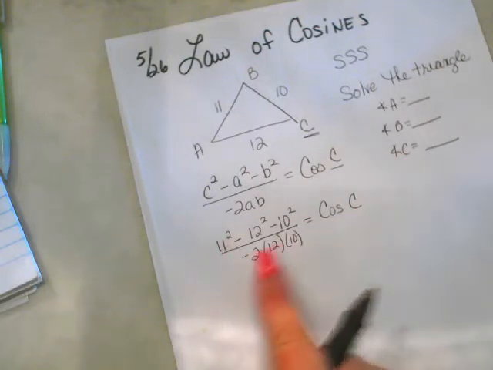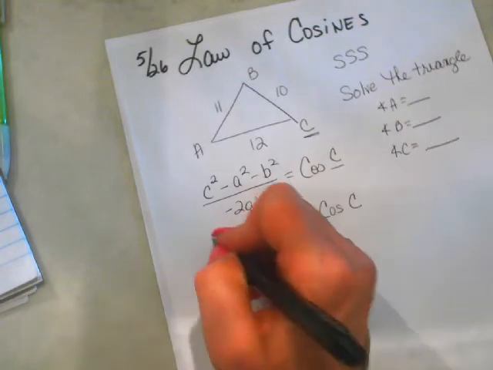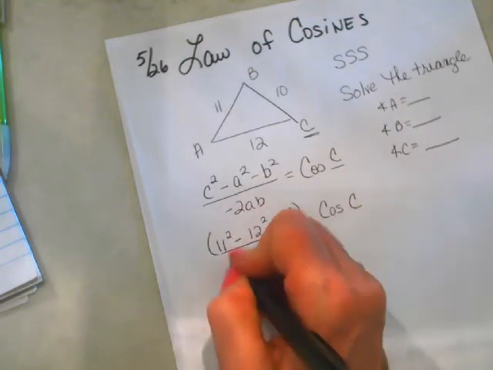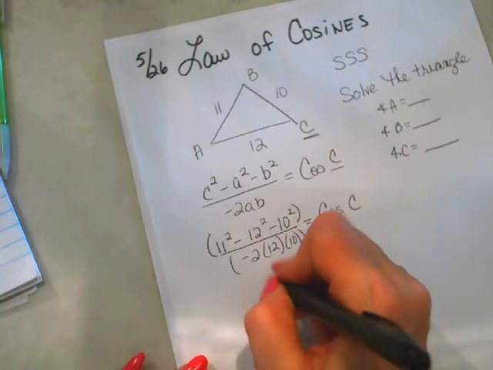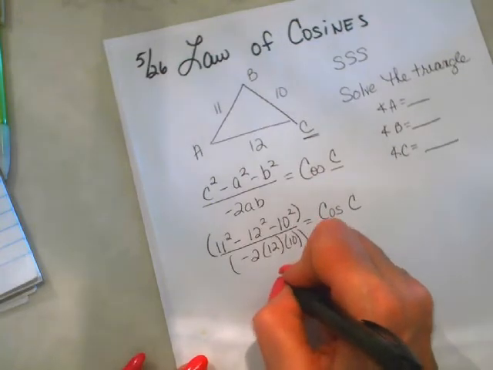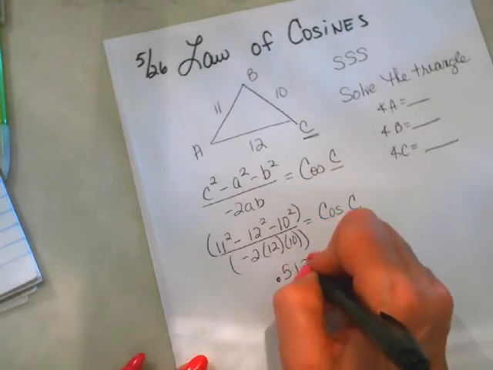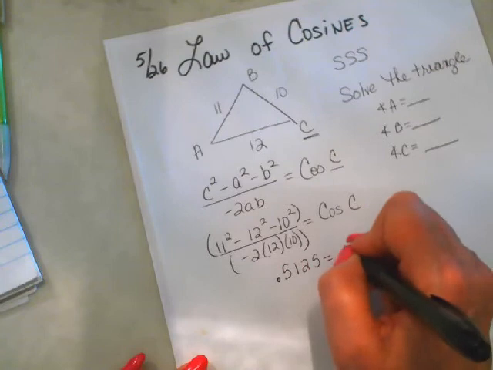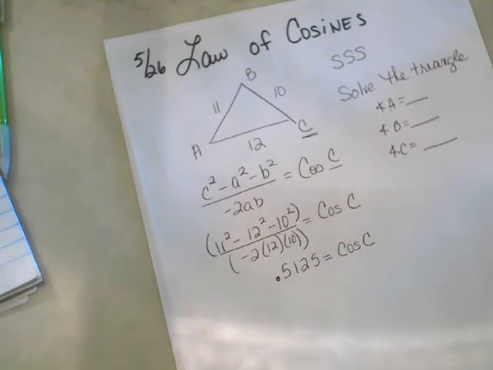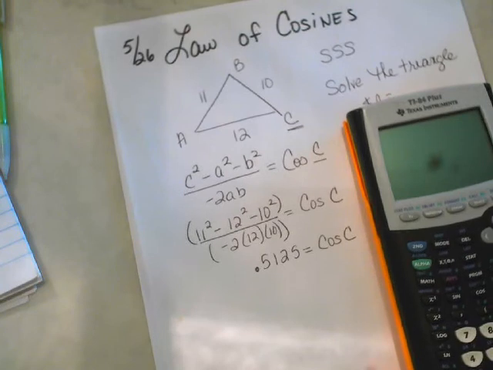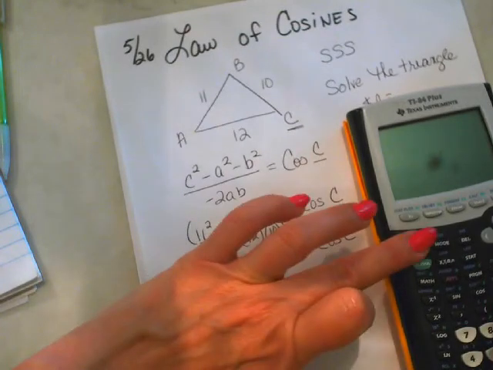I'm going to solve these. If you're going to plug this in your calculator all at once, remember the numerator gets parentheses, the denominator, excuse me, gets parentheses. This is going to come out to be 0.5125, which is equal to the cosine of C. Now remember, when we're looking for angles, you're going to use that second function key.